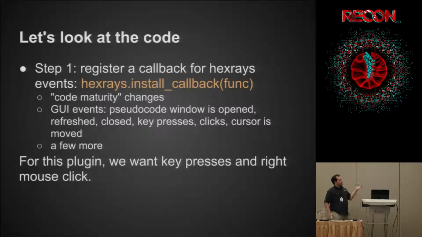So you get many GUI events. You also get the maturity changes. So every time the function is transformed by the decompiler, you get a callback. So in this case, we want key presses. Also, the right click has a link to show the xref.